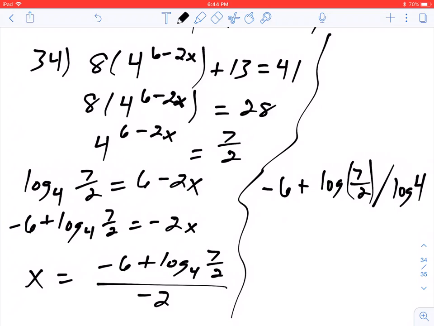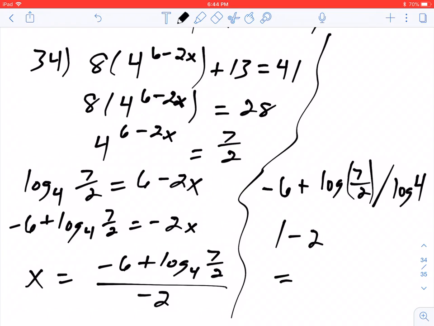Then you're going to take your answer, hit enter, then take your answer and do divided by negative 2. So if you give me 1 second to type that in, negative 6 plus, and then it's going to be log of 7 divided by 2 divided by log of 4.